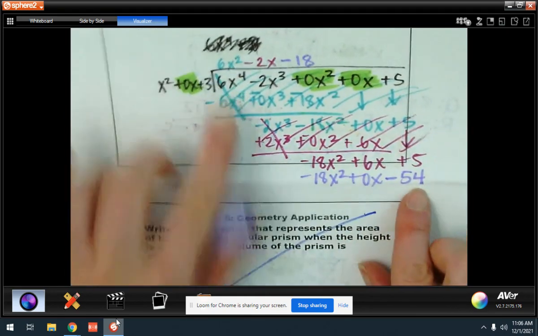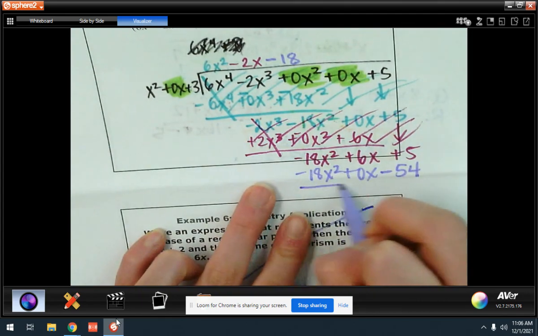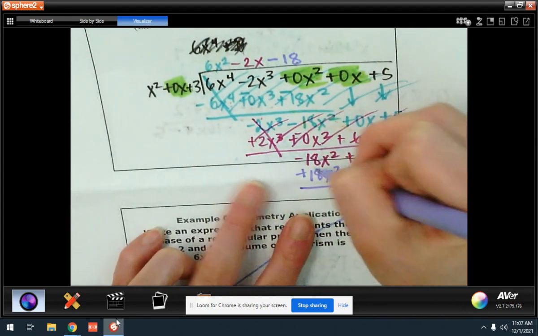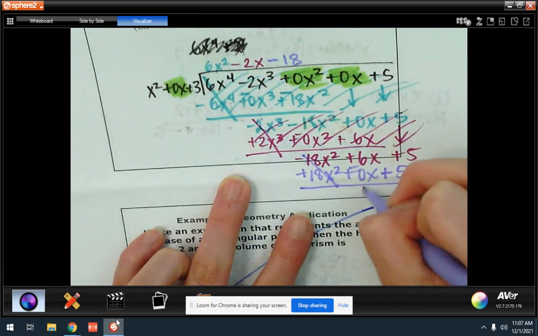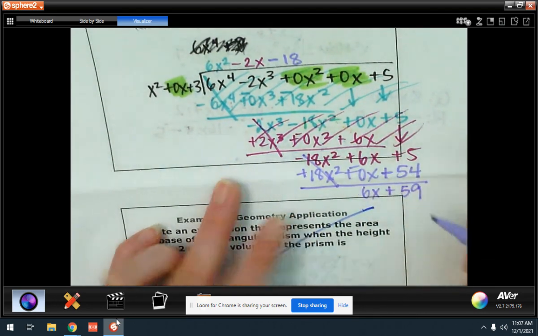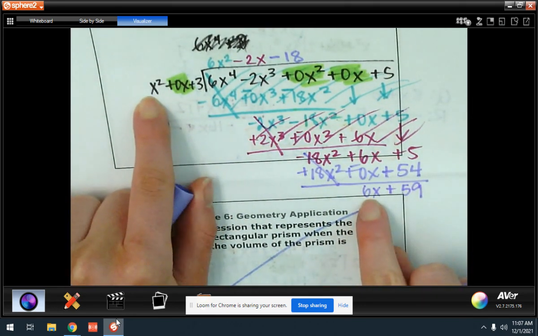Negative 18 times 3 is negative 54. So draw your line, change your signs, leaving you with a 6x plus 59. x squared can't go into x, so that is our remainder.